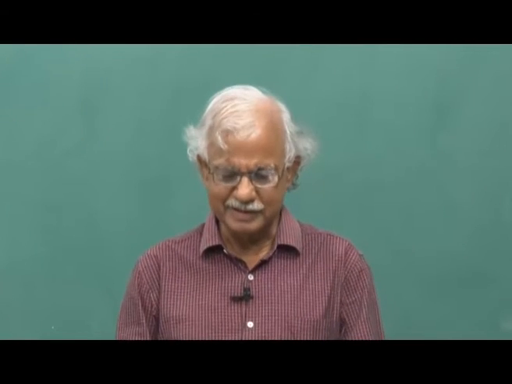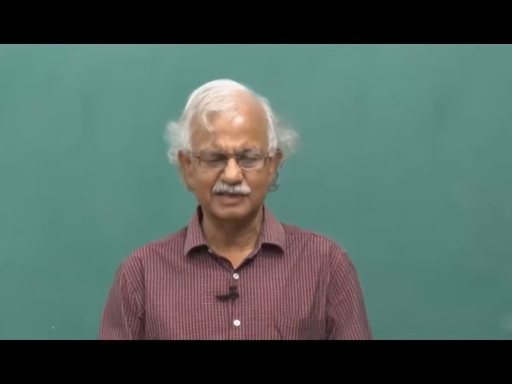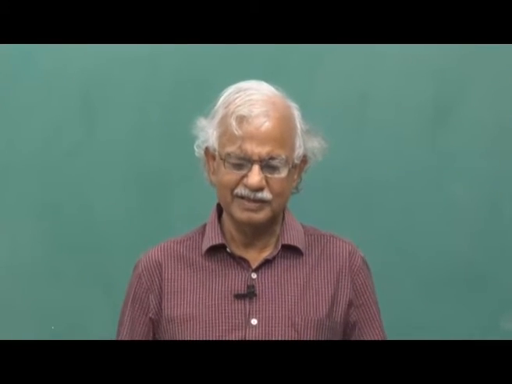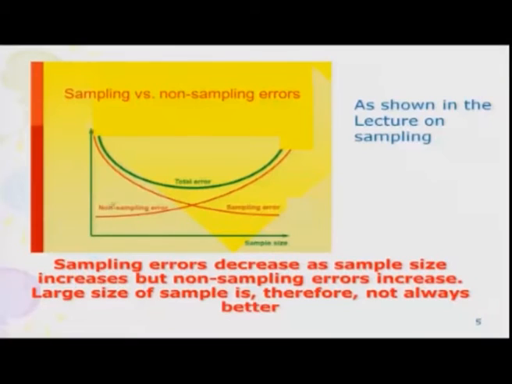Now, the problem is this. In the first lecture also I mentioned this problem, that there are two types of errors. This is your sampling error. Sampling error being sigma by root n, as n increases, this sample size on x axis, as n increases, this is declining as sigma, a fixed quantity representing standard deviation of population units, divided by square root of n.